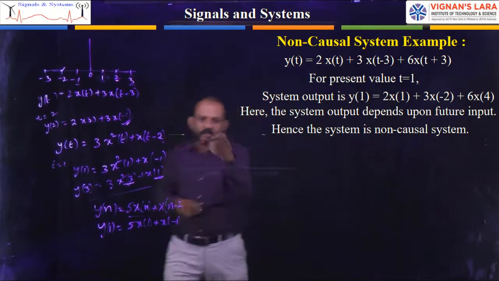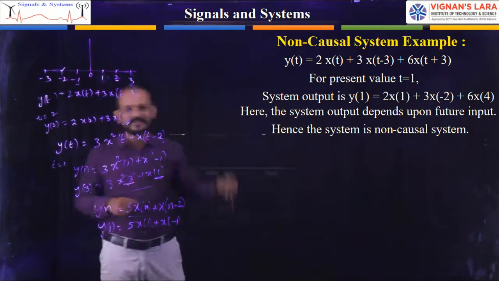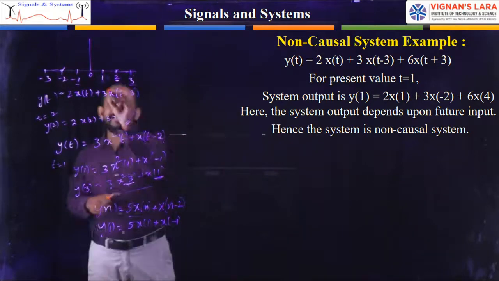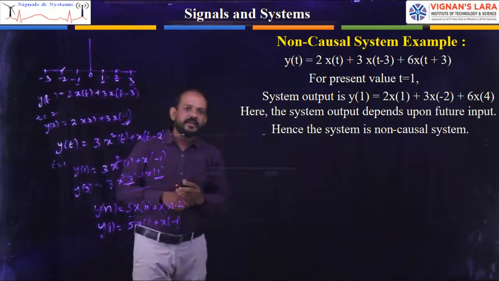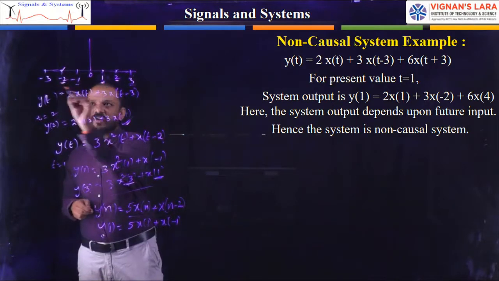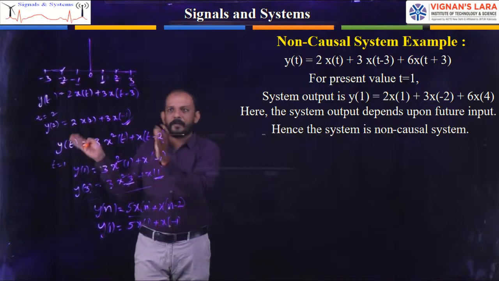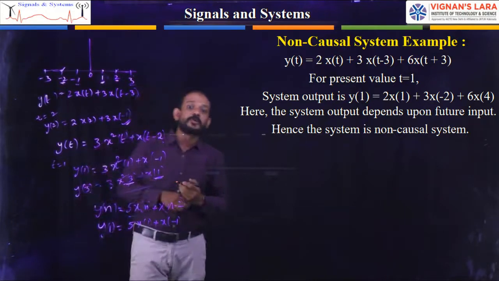See, with respect to 1, y of 1 equal to 2 into x of 1, that is the present input. Next, plus 3 into x of minus 2. With respect to 1, minus 2 is the past value. That is, it depends on present value and past value. Next, plus 6 into x of 4.